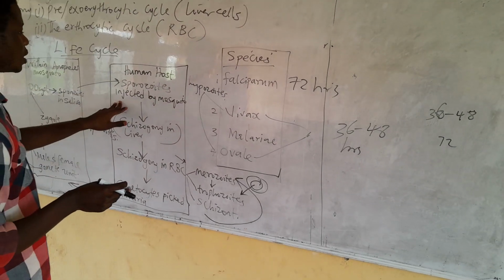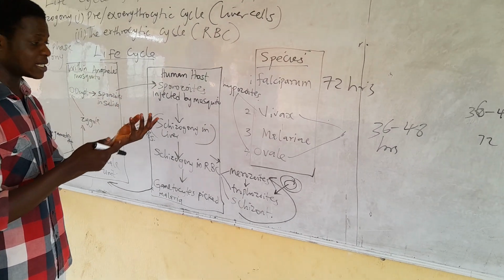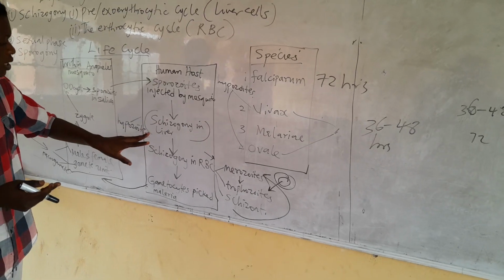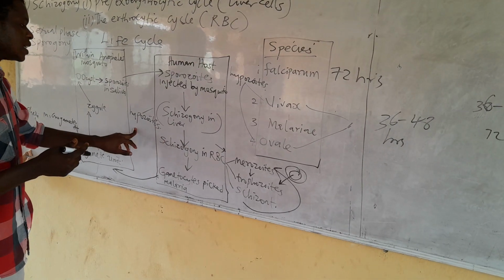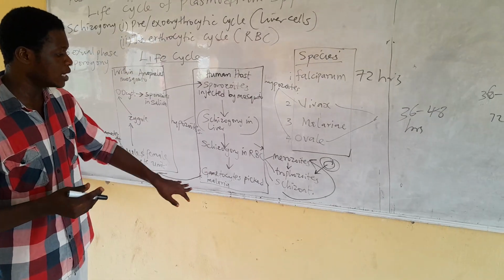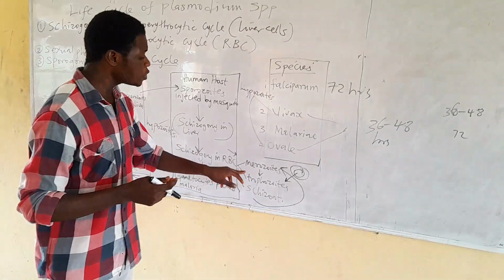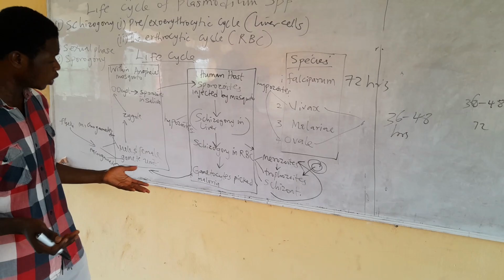The human host gets injected by the mosquito, and sporozoites enter the liver cells, in which ovale and vivax turn into dormant stages known as hypnozoites. Then from hypnozoites, it moves to the red blood cells and changes to merozoites. Then merozoites transfer to trophozoites, then schizonts.